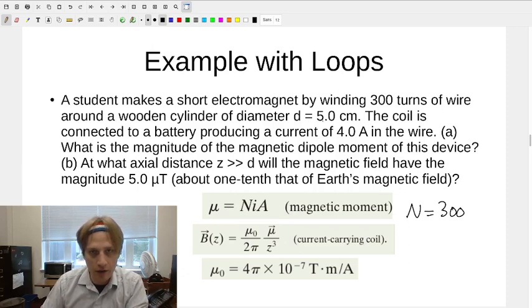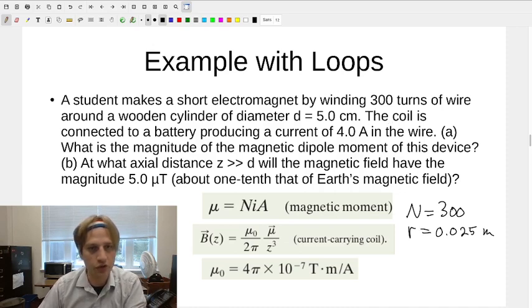The diameter is 5 centimeters, so the radius would be 2.5 centimeters, so R here is 0.025 meters. It says the coil is connected to a battery producing a current of 4 amps in the wire. So our I would be 4 amps.